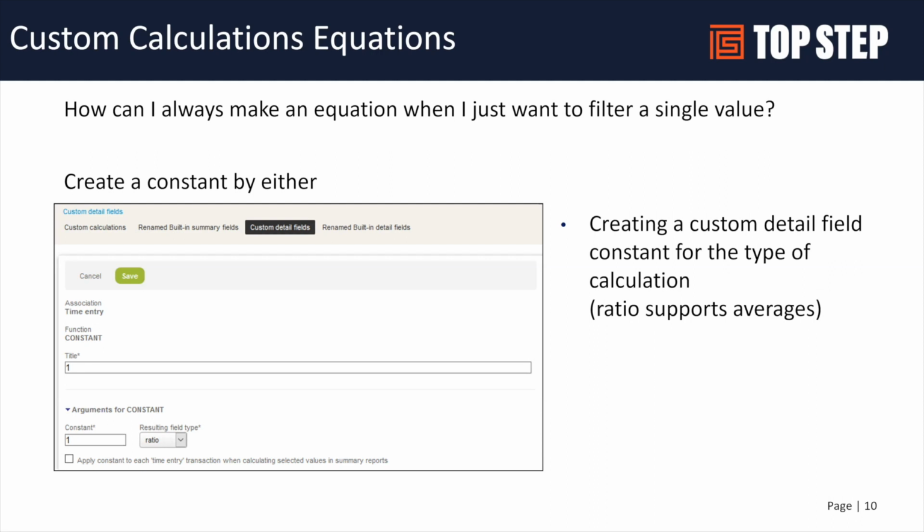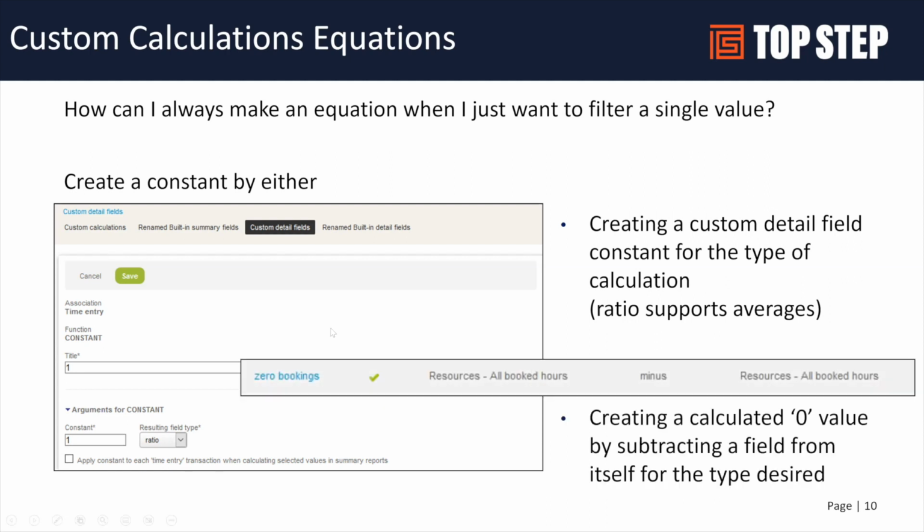When you're setting up your constant, there are a few things you need to think about. We always set it as a ratio field, and do not check the apply constant to each time entry, or we'll get unexpected results. The other thing you can do is create a 0 value without creating a constant. Just take a normal custom calc and have a value minus itself, which will create 0.